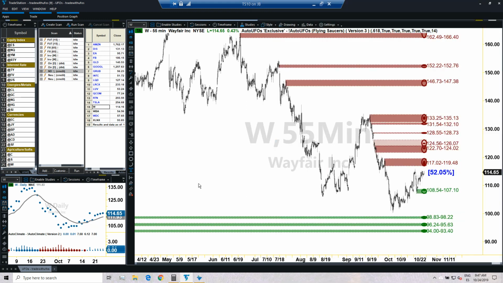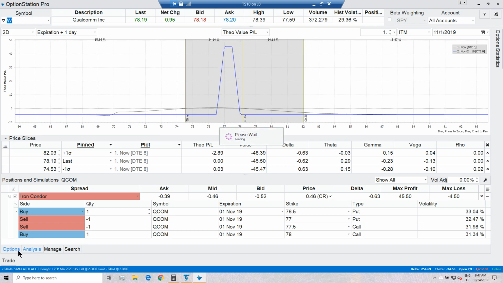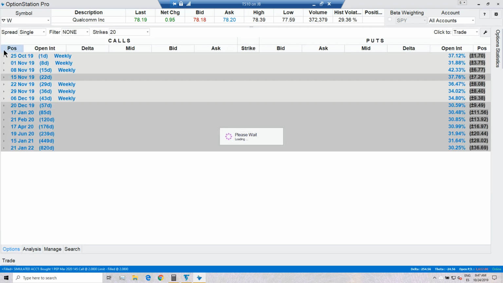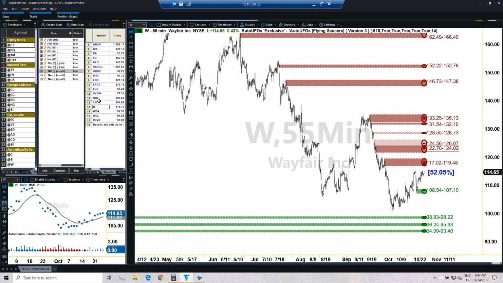That means we need to sell at least the 124, and if I sell the 124 with W using tomorrow's expiration, probably we get a no. As I always say, it's always worth it to check. So if we do the 124, the 124 pays you 8 cents, which is not enough.